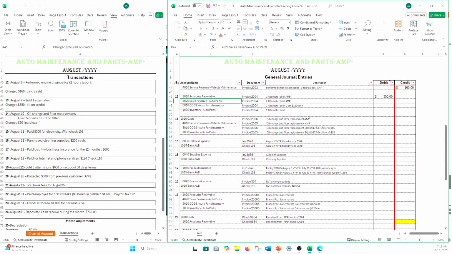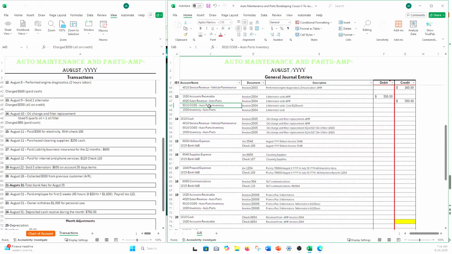So that's a parts revenue. But again, we know that we just took that part from our inventory. So we had to recognize the cost of the part, and also discharge that part from our inventory.